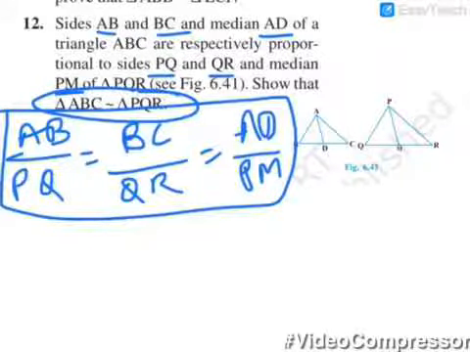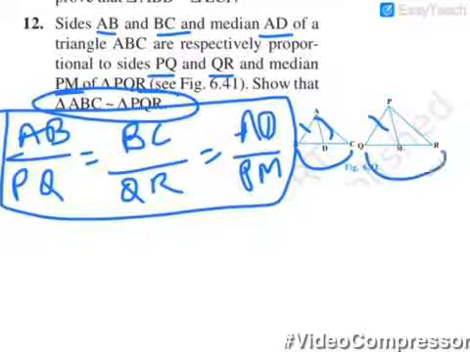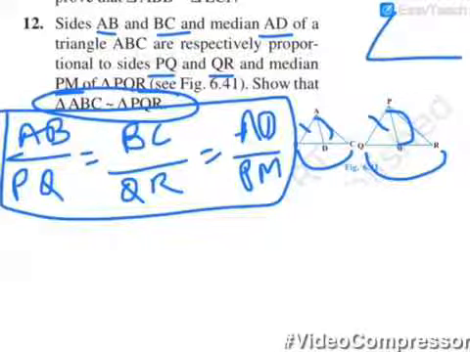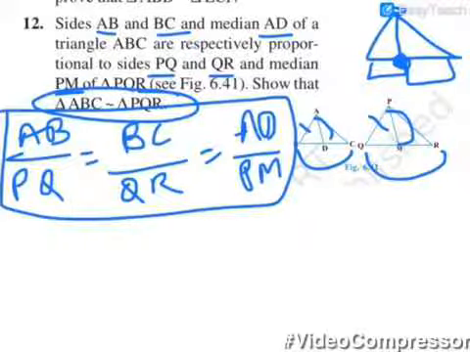So AB, BC, AD, and PQ, QR and PM. Now another clue is given, that it is a median. Median means a line drawn from a point to the midpoint of the opposite side. So this is the midpoint.